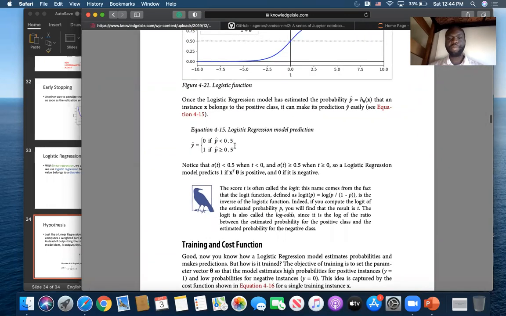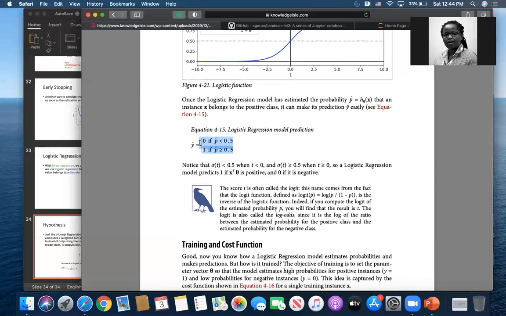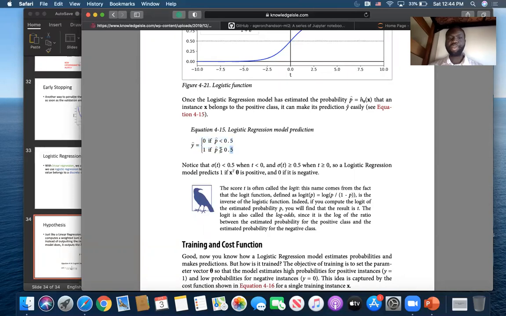And one very common metric is, let's say the probability that a phone call is a scam is 0.3, then it's probably not a scam. If the probability that it's a scam is 0.6 or anything higher, then yeah, that's a scam.